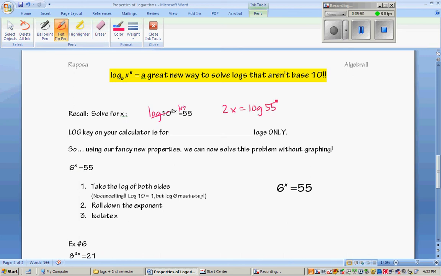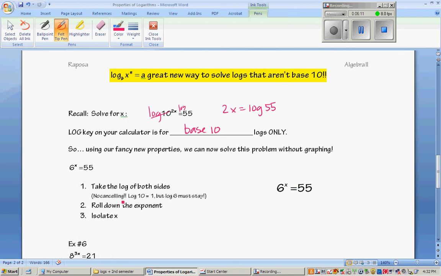To solve for x, we'd simply enter log 55 into our calculator and divide by 2. So the log key on your calculator is for base 10 logs only. But using these fancy new properties, we can solve this problem without graphing, without brute force.